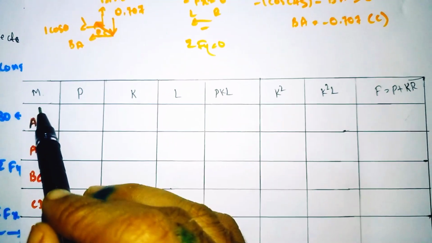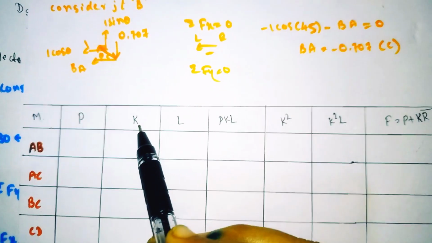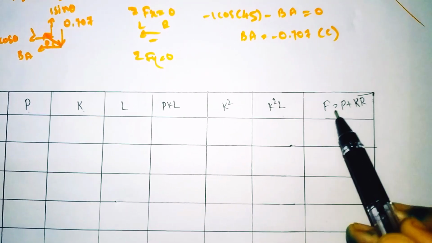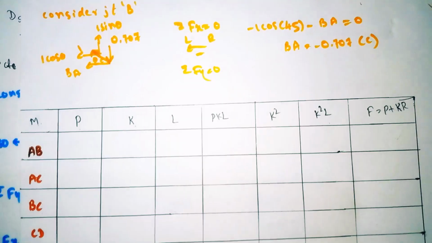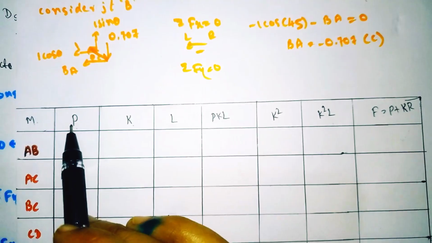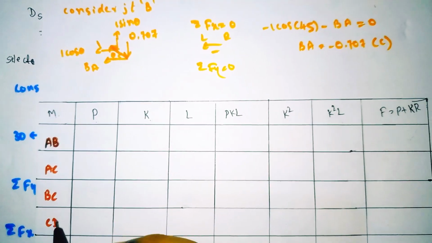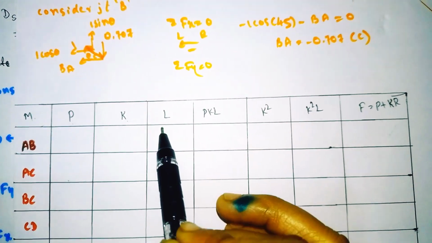Our table has the first column member, then P analysis, value of K analysis, and length, PKL, K square L, and force is equal to P plus K into R. Now I will show you how to do this. We need to put here the P analysis and K analysis values of AB member, AC member, BC and CD, and the corresponding length also.